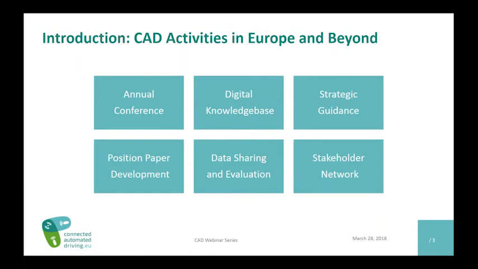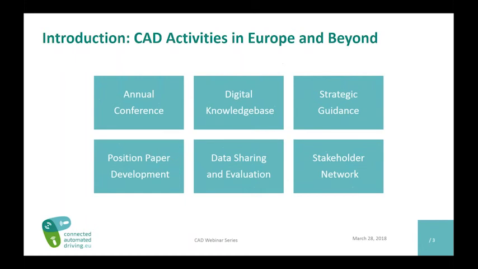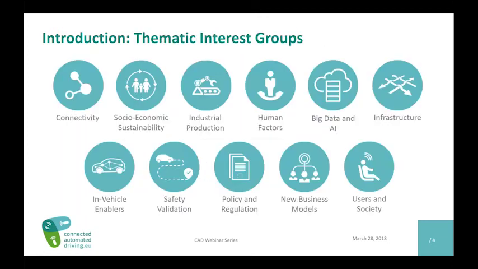In Europe, we have different types of activities related to connected and automated driving. We have the annual conference, digital knowledge base, strategic guidance, position papers, data sharing and evaluation activities, and stakeholder network.